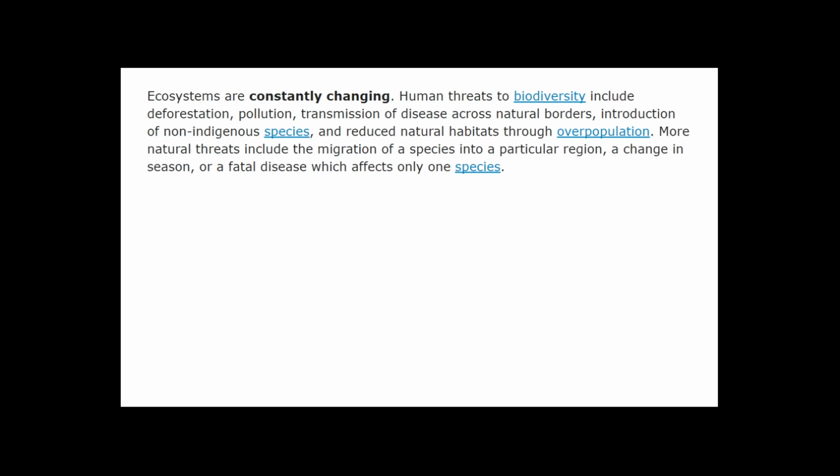But man is causing ecosystems to change much more rapidly. And more natural threats include the migration of species in a particular region, a change in season, or a fatal disease which only affects one species. Most diseases, in fact, tend to be fairly specific.